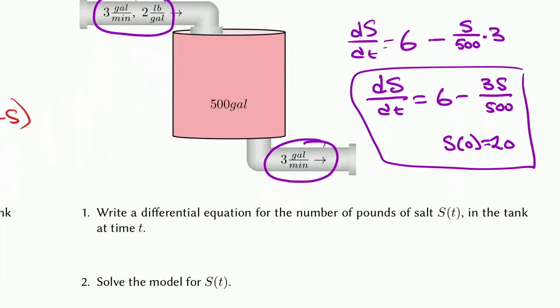So this is the answer to number 1. If you don't have this differential equation, then of course the rest of it is no good. If you know what you did wrong, then you're in good shape. That's what the quiz is for, so that next Friday you do it right, because you'll have the same problem on the test.